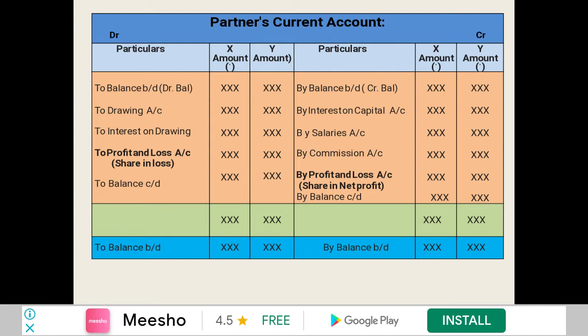The partner's current account debit side: given as a debit balance in the trial balance, so posting on the debit side.